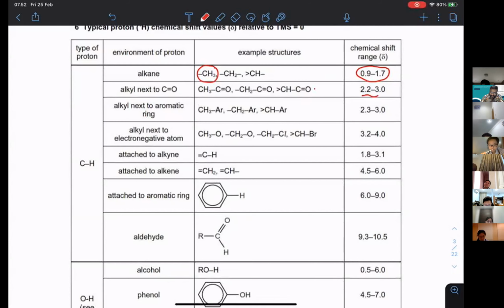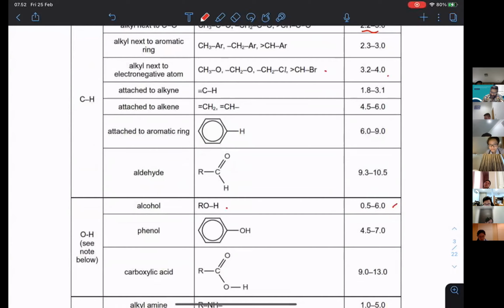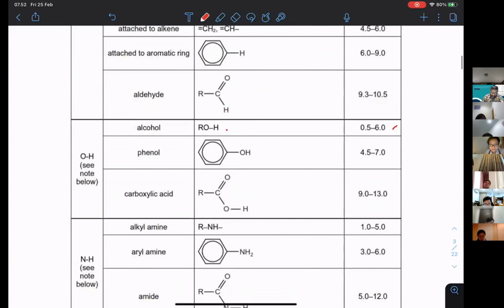If I try another oxygen here, no, it is different. Then maybe I try alcohol. And if I look at NH and so on, I think there is no need. I can just say it can be somewhere here.